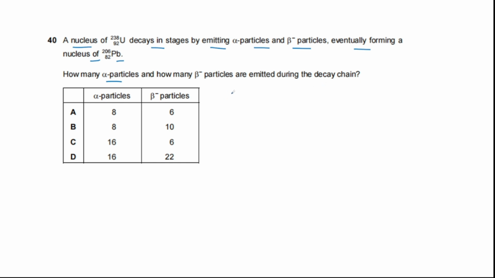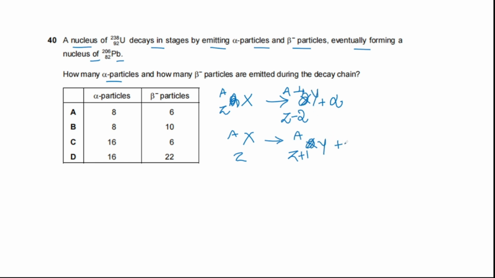If the element has a proton number of Z and mass number A, we can represent the element as X. After emitting an alpha, the proton number always decreases by 2 and the mass number decreases by 4. For a beta particle, there is an increase in the proton number, so it will be a different element, let's represent it by Y, but the mass number stays the same. This is how the changes are.